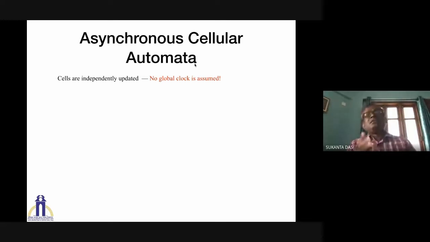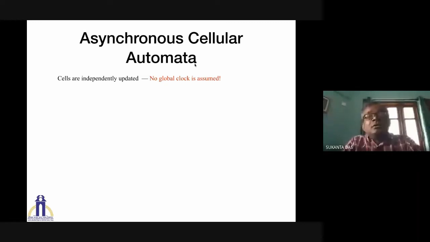And from asynchronous cellular automata, some developed progressive cellular automata. The idea is the same: we want to allow independent acting of cells. And the motivation is we want to develop a better model of computation so that it can model natural phenomena in a better way. That is the motivation.